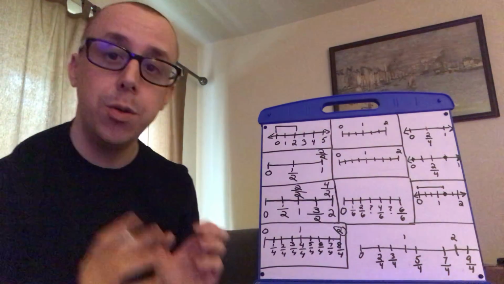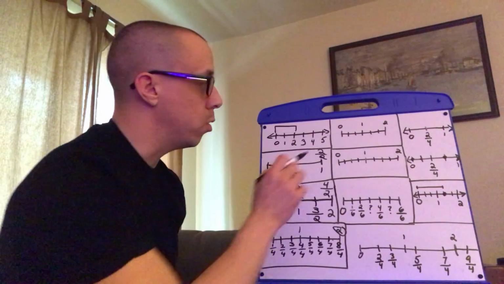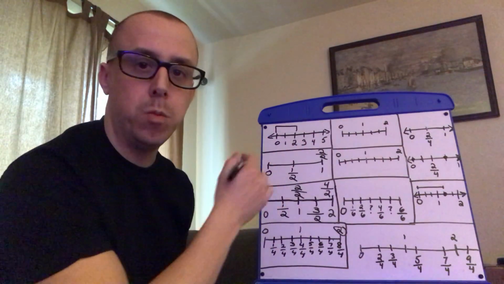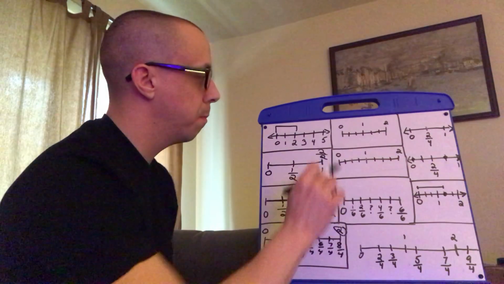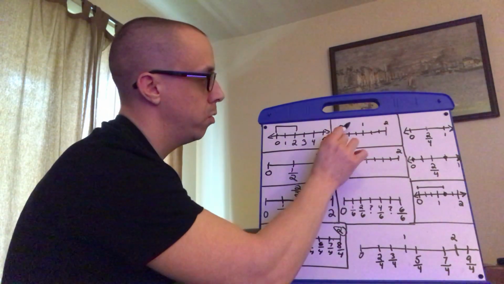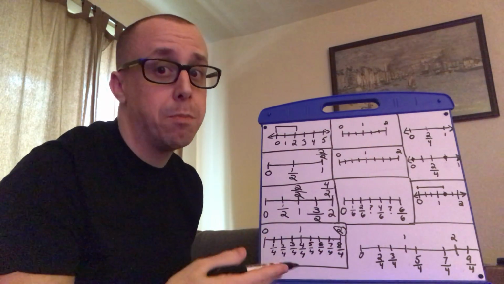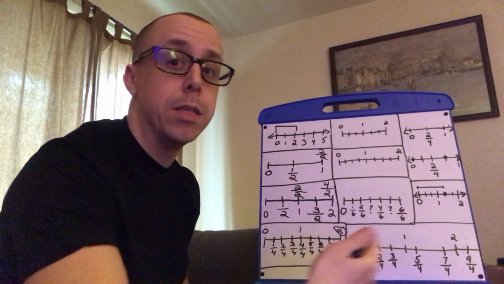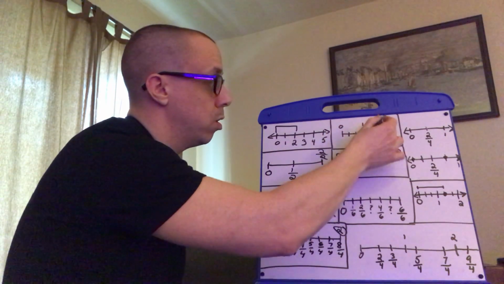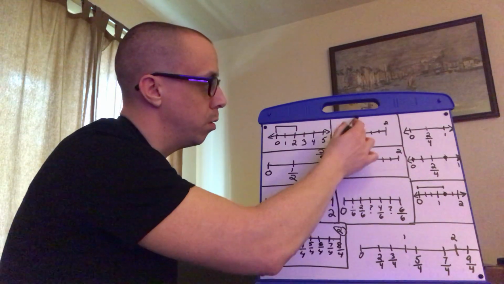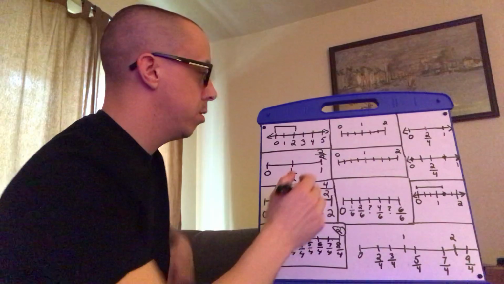To do that, you have to look between 0 and 1. So here, we're going to count from 0 to 1 to see how many parts we're dealing with. 1, 2, 3. You could also count between 1 and 2. It's still going to be the same number of parts. 1, 2, 3. We're dealing with thirds.